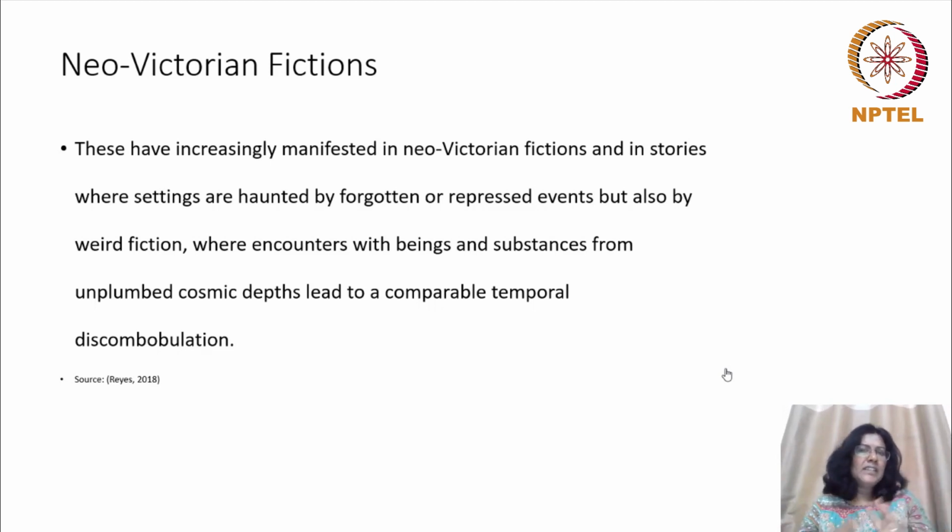So all kinds of weird fiction, as well as aspects which are taken from the past and are rewritten in the present, are treated as Gothic fiction in the contemporary context.